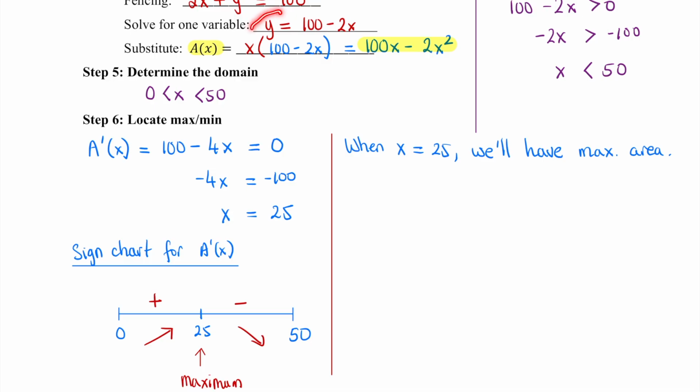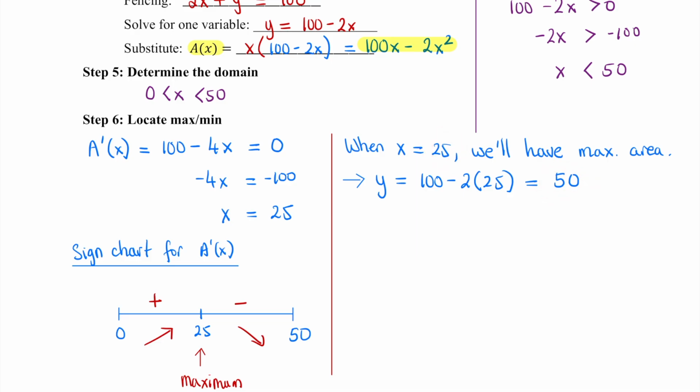I use this formula, y equals 100 minus 2x. I plug 25 into this equation to solve for y. So y equals 100 minus 2 times 25. 2 times 25 is 50, and 100 minus 50 is 50. So the dimensions of the rectangle are 25 by 50.